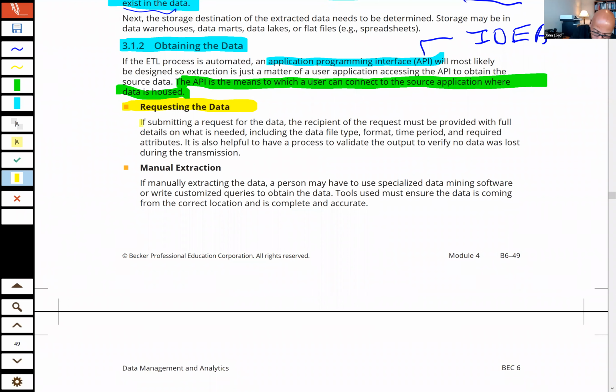And let's say you're submitting a request for the data: the recipient of the request must be provided with full details of what is needed. And again, there's a lot to that. There's a lot of discussion back and forth, but it includes things like the data file type, format, time period, and required attributes, and then you also need a process to validate the output to verify that no data was lost.